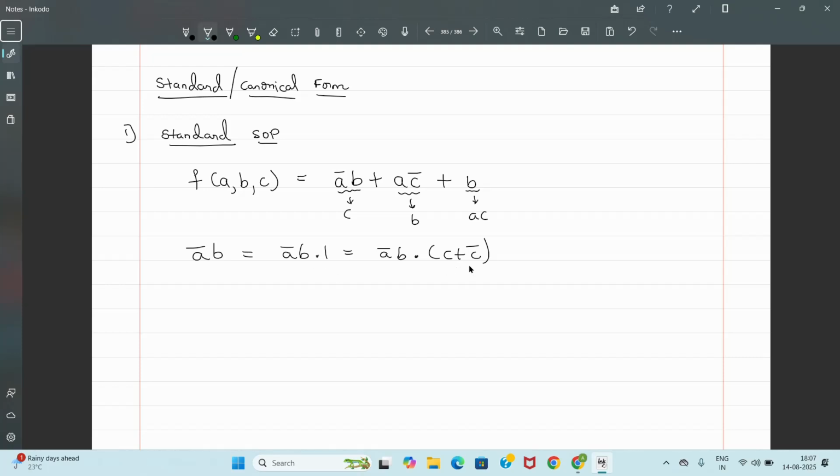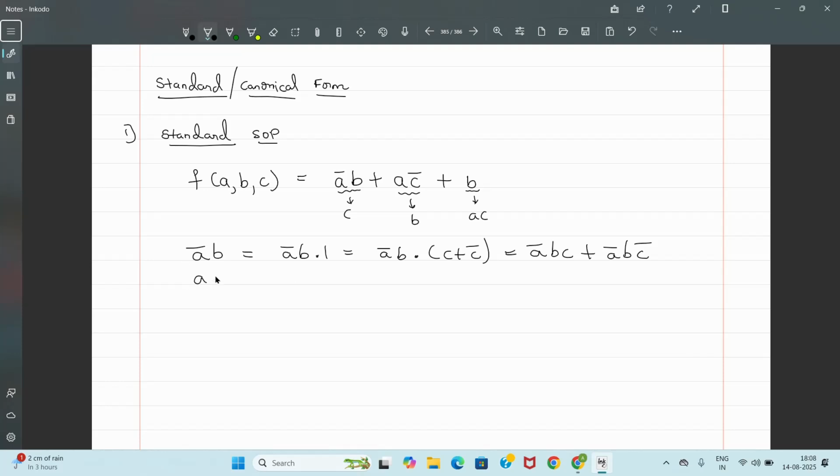This is one of the rules of Boolean algebra, correct? C plus c bar is nothing but 1. Now we can apply the distributive law, open the bracket and multiply. You're going to get a bar b c plus a bar b c bar. So you have included the missing term c such that now you have product terms which have all three variables in them. This is how you include a missing term for SOP format.